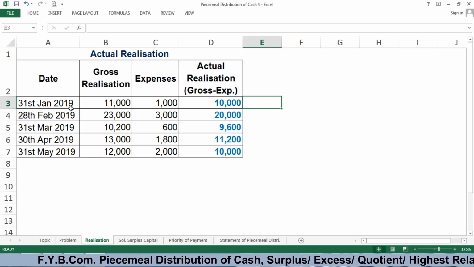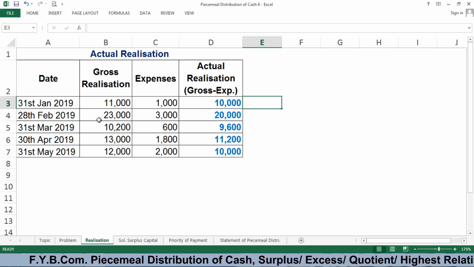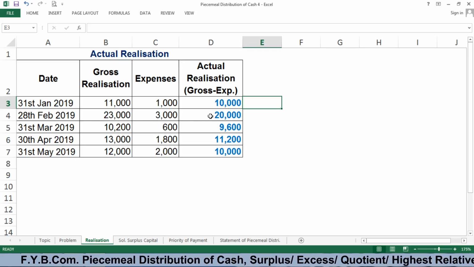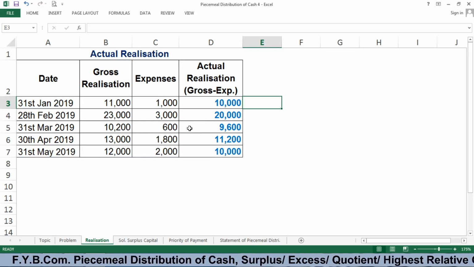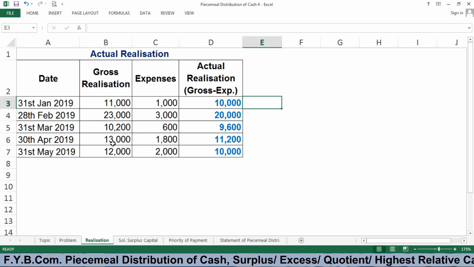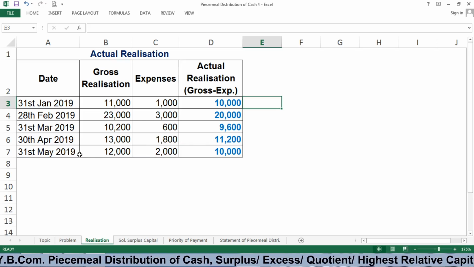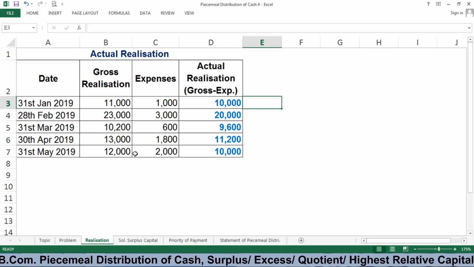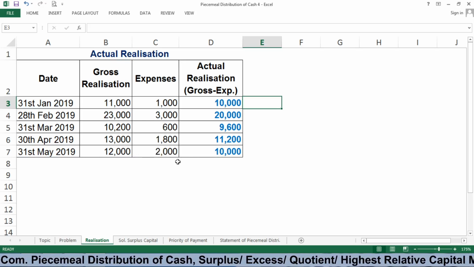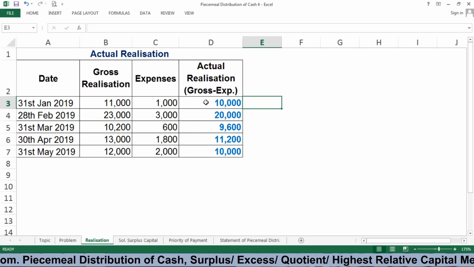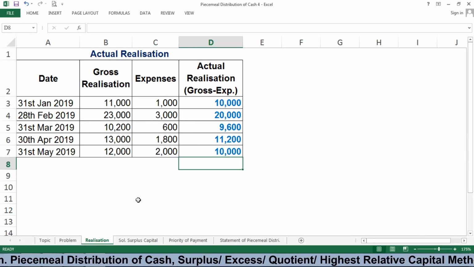In the same way, we will calculate the other realizations. So here 23,000 minus 320, 10,200 minus 600, 9,600, 13,000 minus 1,800, 11,200, and on 31st May, the last realization is 12,000 minus 2,000, that is 10,000. So this is the realization amount.